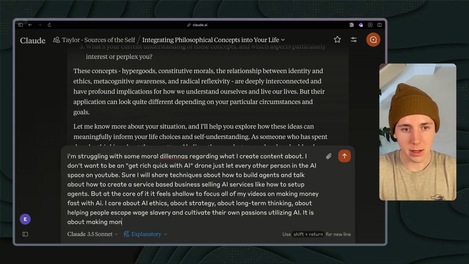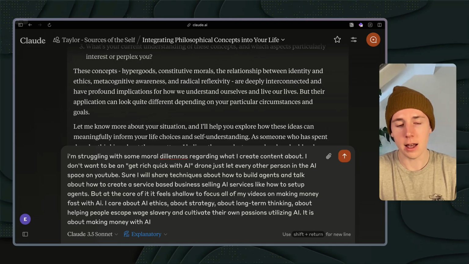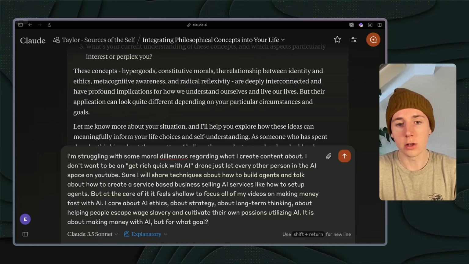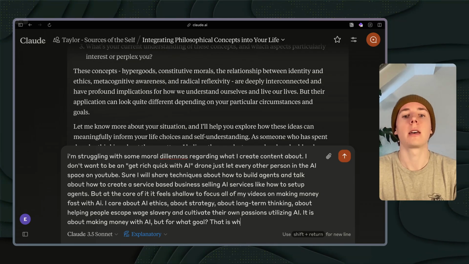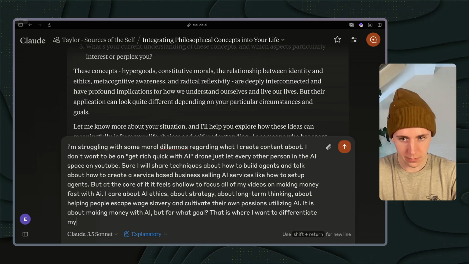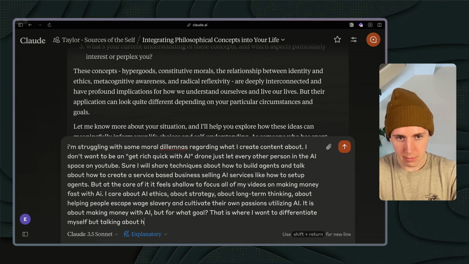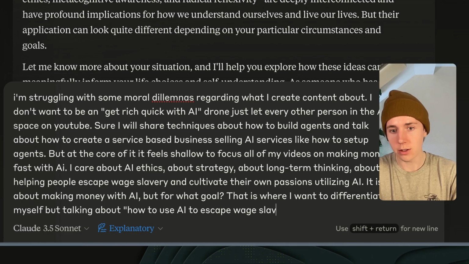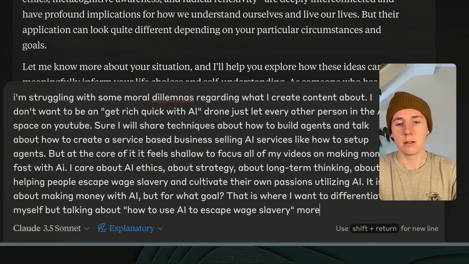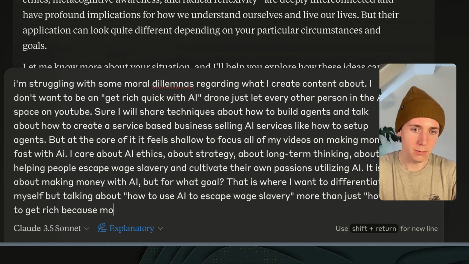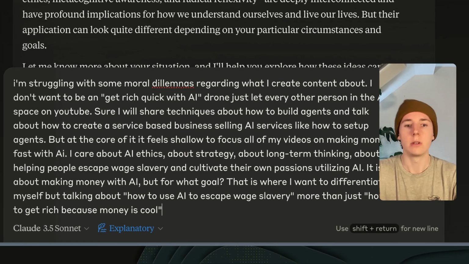It is about making money with AI, but for what goal? That is where I want to differentiate myself, by talking about how to use AI to escape wage slavery more than just how to get rich because money is cool.